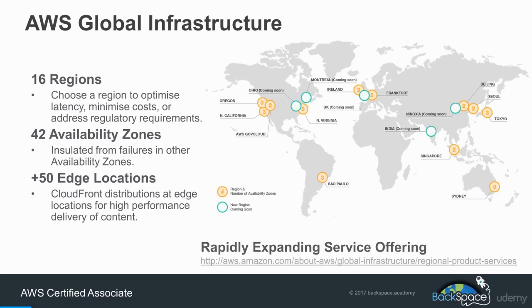So there is always at least 2 and up to, at this point in time, 5. And we have 52 edge locations, and they are used by our CloudFront content distribution network, where content can be cached at those edge locations to reduce latency and to reduce overall costs for us.